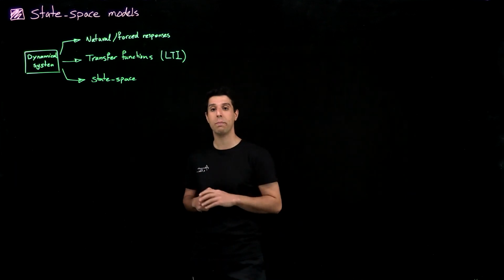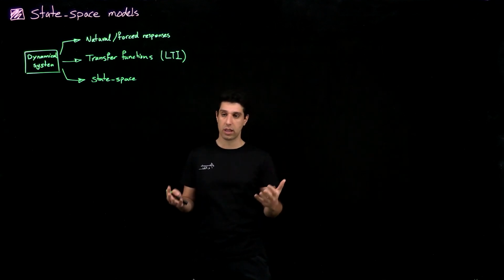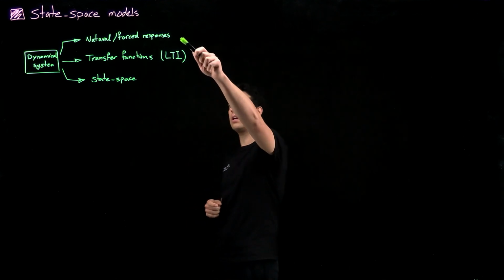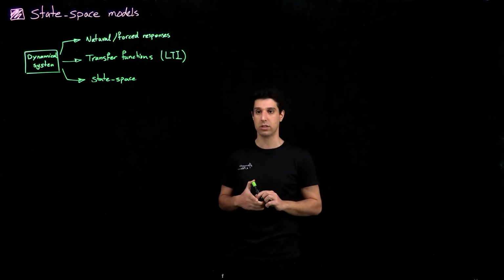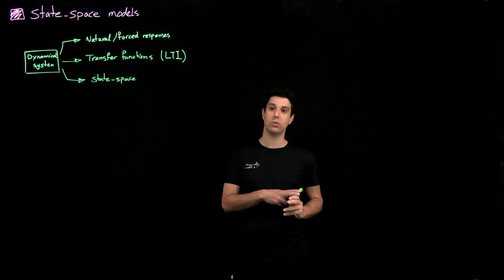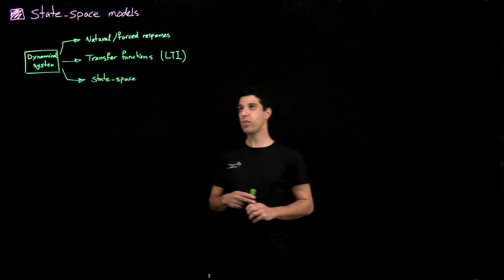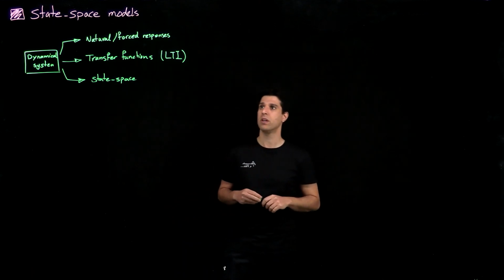And through the power of this notation, we could analyze things that were not readily obvious from just looking at the equations of motion and the response. For instance, we looked at the stability of the system, we looked at the frequency response of the system, which all became possible using this notation.